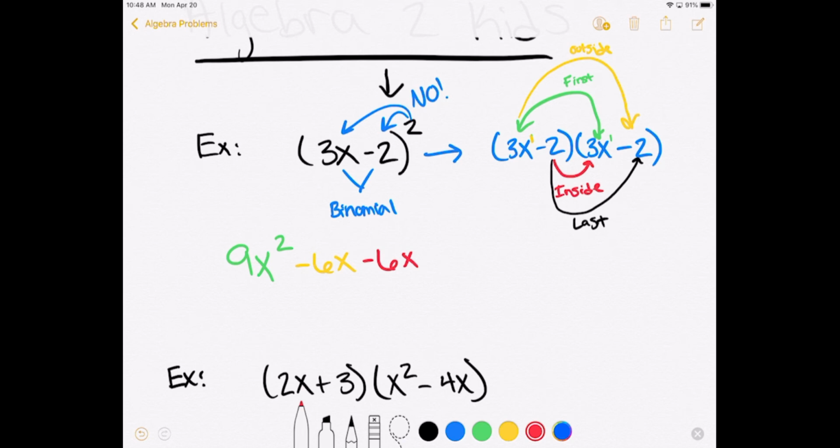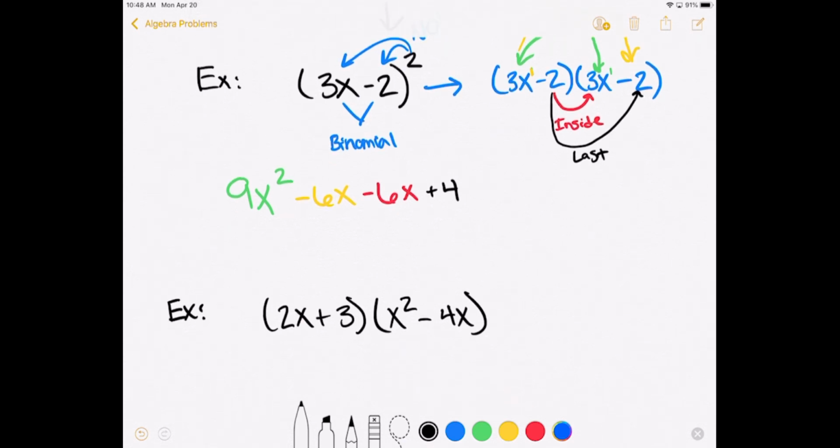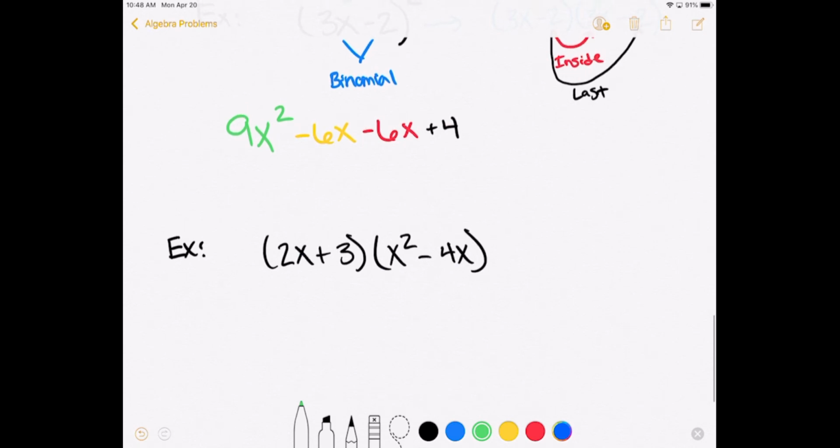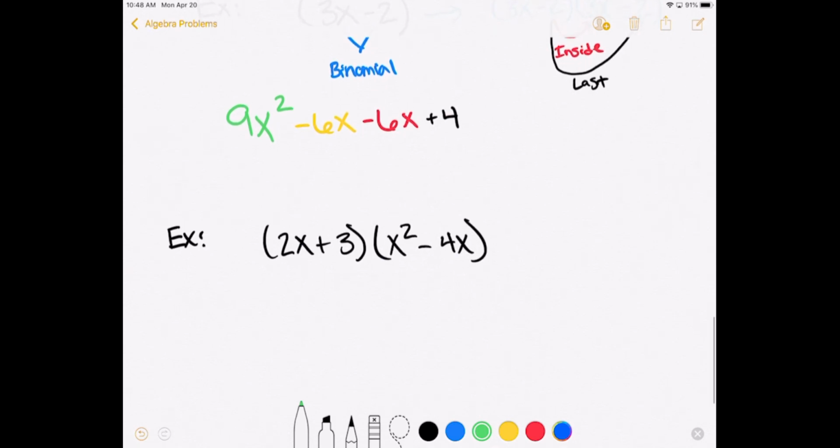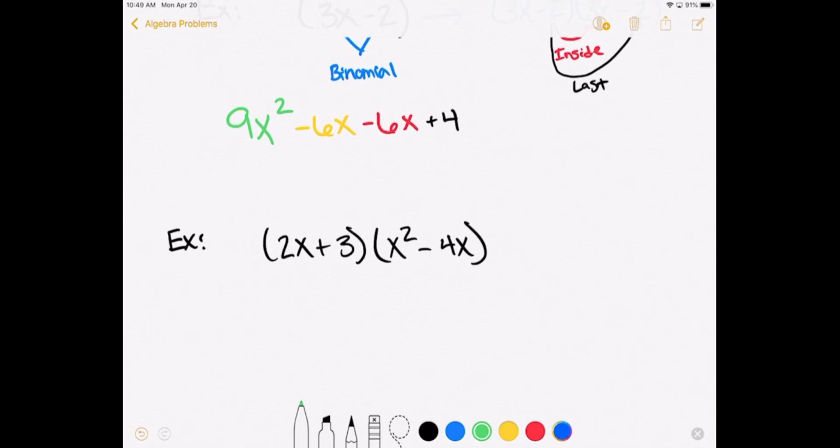And then last, we have -2 times -2. That's positive 4. So you FOIL it: first, outside, inside, last. And then you are going to combine like terms. Okay, so our like terms here, 9x squared. Usually 95% of the time, I'd say, maybe more, when you FOIL or multiply together polynomials, the first term shouldn't have a like term.